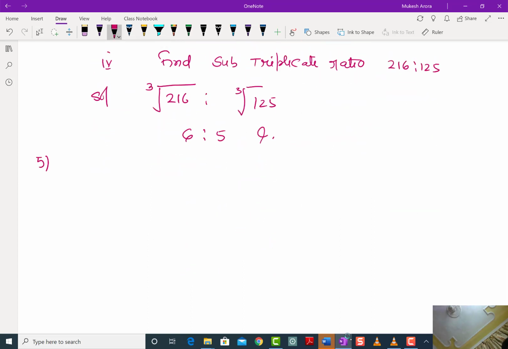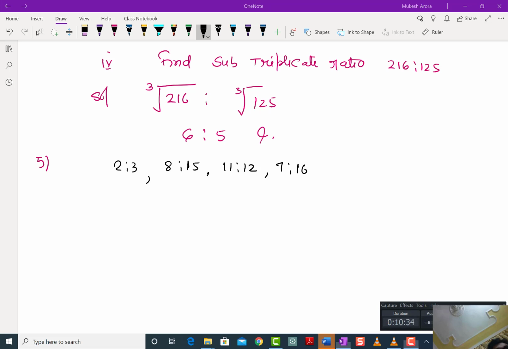Now we have to arrange in ascending or descending order. The question is 2:3, 8:15, 11:12 and 7:16.